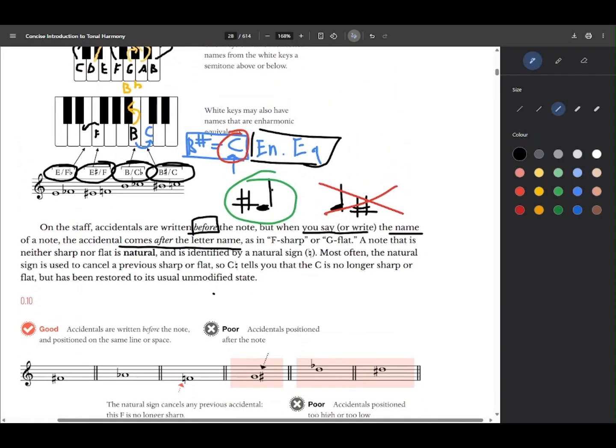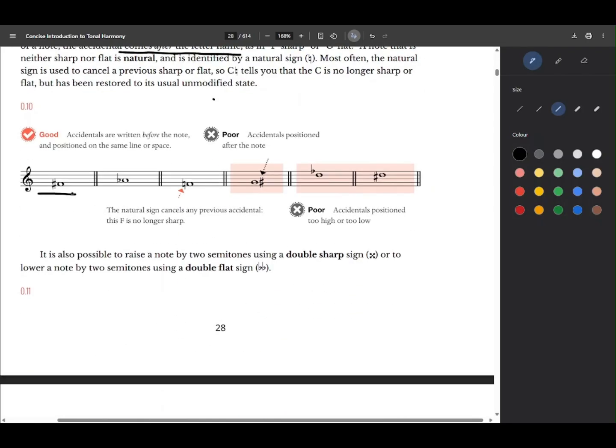So if we want to say what this note here is, on our treble staff, our treble clef, this is an F. We have our sharp sign for it. We don't say sharp F as it's written. Even though we have a sharp and an F, we do not say sharp F. We say F sharp.